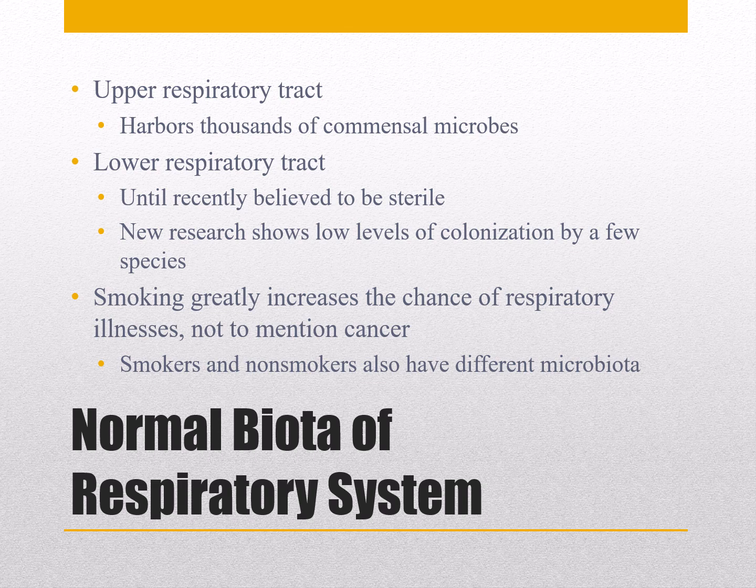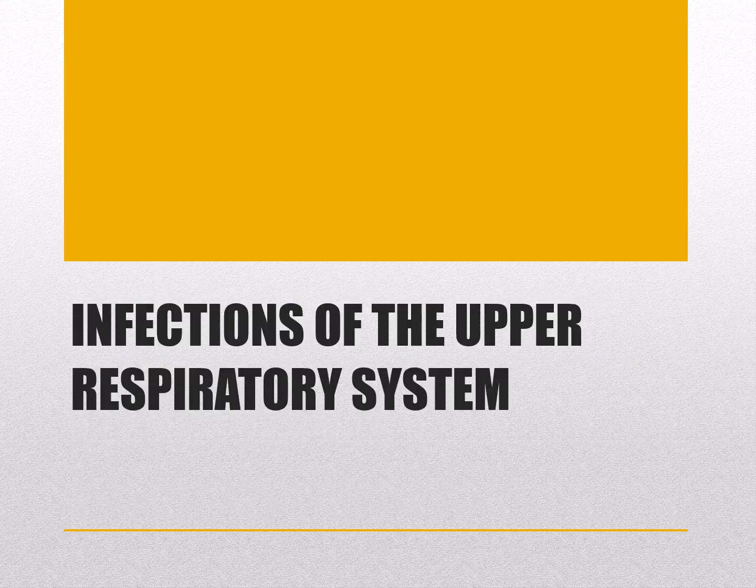But in the lower respiratory tract, we believed it to be sterile. However, there are potentially very low amounts of microbes growing in the lower respiratory tract. It is mostly sterile, just very small amounts of microbes. For this particular chapter, we are going to separate out the diseases based on the location of where the infection is happening.